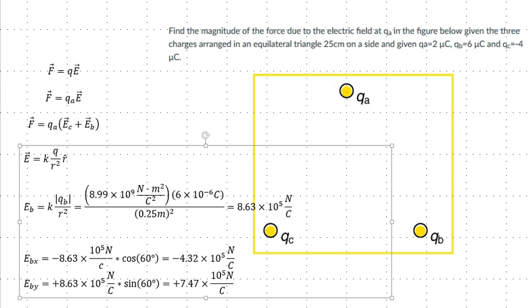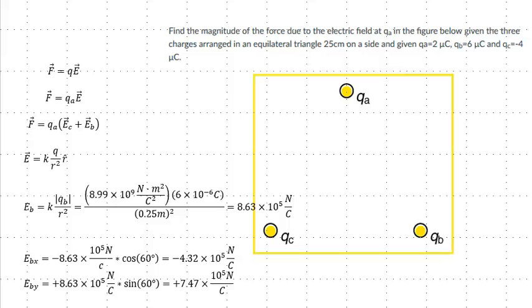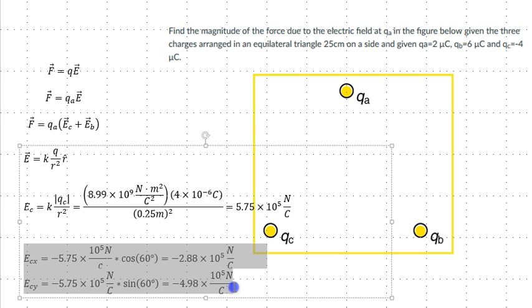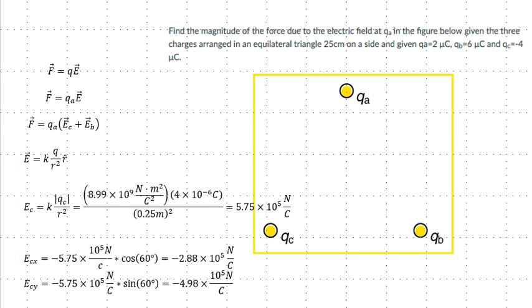Now, moving down, what do we need to do? We have to combine the two to get the total electric field. So again, I'm going to copy the slide. I'm going to go back up here to the B slide and grab those components. Okay, come back down.